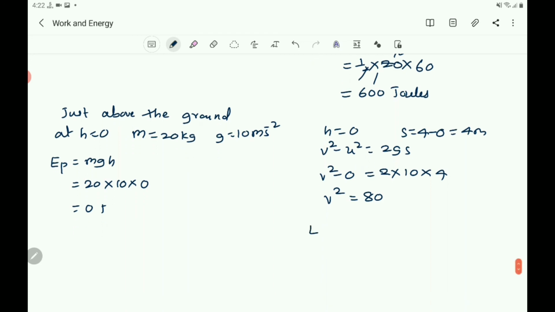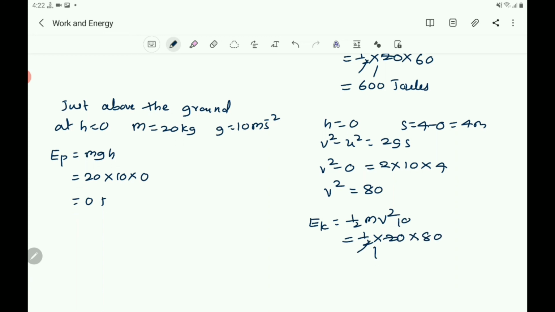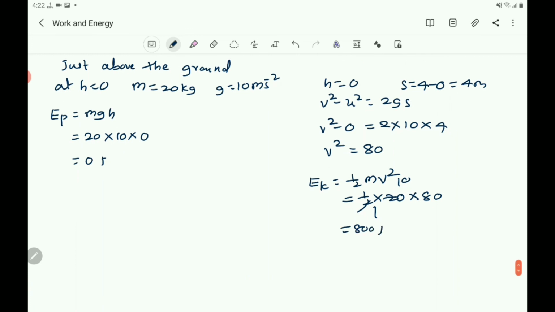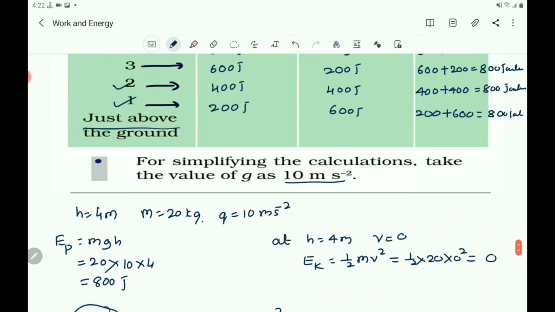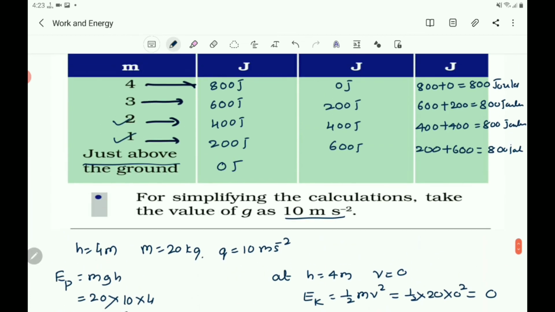Then Ek is equal to half mv square, that is half into m is 20, v square is 80. So 2 ones are 2, 2 tens are 20, you got 800 joules. So here potential energy becomes 0 and kinetic energy becomes maximum when it reaches the ground. So it is 0 joules plus 800 joules equals 800 joules.